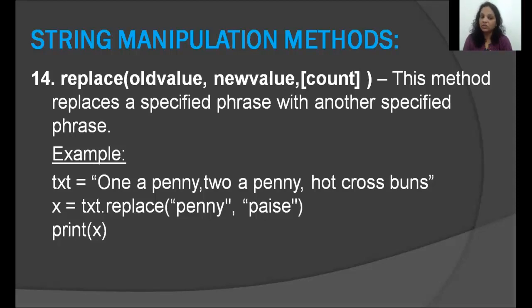Now again here, children, suppose the word was penniless, it will become paiseless. So it's not searching for a word penny, it's searching for the substring penny. Okay, I told you what to do: put a space before P and a space after if you're searching for a specific word, not a substring. Clear? Okay.